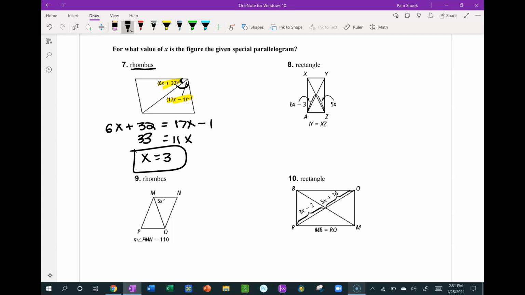Number 8 is asking this to be a rectangle. Now we know in a parallelogram that your diagonals bisect each other. We also know that in a rectangle, the diagonals have to be congruent, which means I can mark it like this.